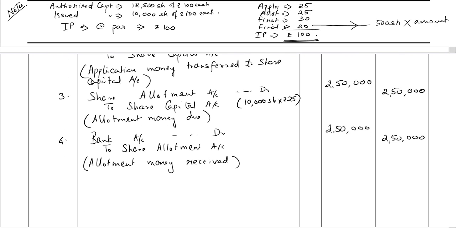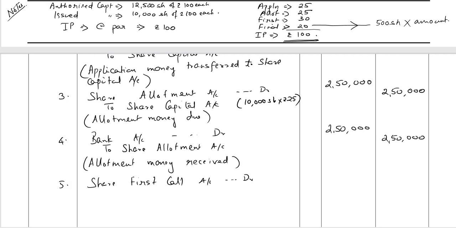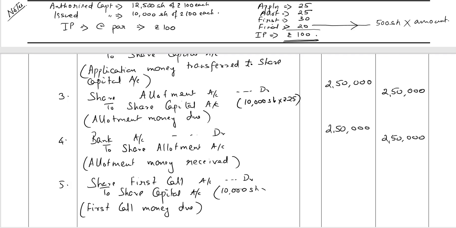Next, we'll make the first call due, share first call account debit to share capital account for the first call money due, the amount due on 10,000 shares at the rate of rupees 30 per share, amount due 3 lakh rupees.